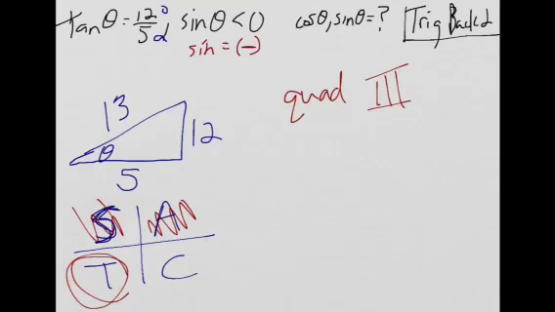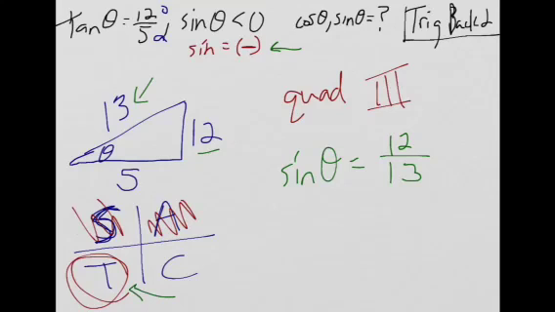So my sine of theta is equal to, well, it's opposite over hypotenuse, so it's 12 over 13. And then I can go 2 ways. I know that tells me it's negative, but I also know that that tells me it's negative, so it's negative 12 over 13.